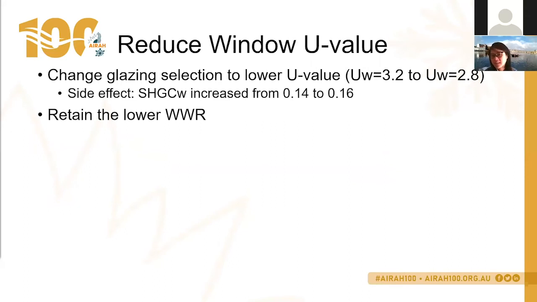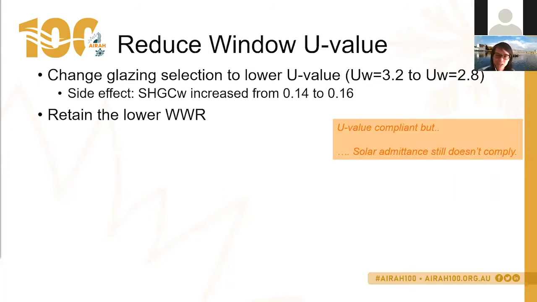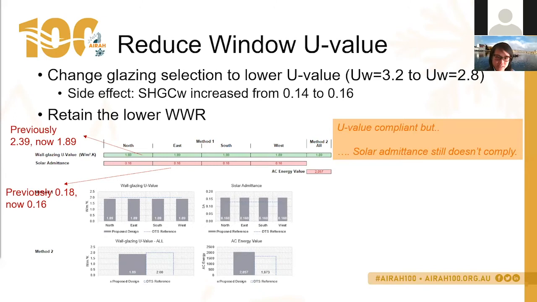Now the issue is that the glazing that we've selected, while we have improved U value performance, the side effect is that our solar heat gain coefficient of the window has increased very slightly. So with this change in window, we have now made our U value compliant, but because we've now increased the solar heat gain coefficient, our solar emittance requirement still doesn't comply. So you can see here, our window glazing U value is now green, solar emittance is still red.